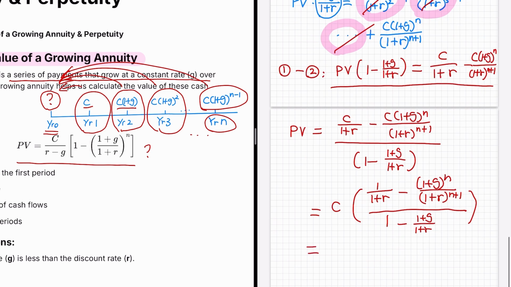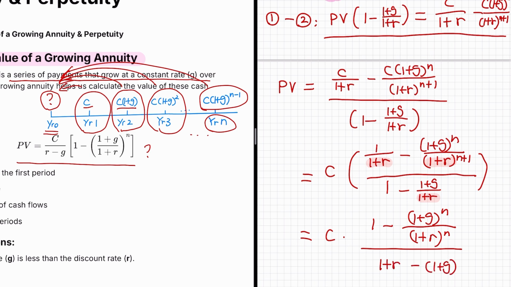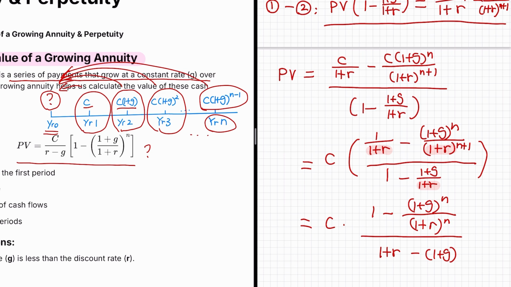And as we can see, there is a common term, 1 plus R here, 1 plus R here, 1 plus R here. If we multiply 1 plus R on the denominator and the numerator, we can get C multiplied by 1 minus (1+g)^n/(1+r)^n, divided by (1+r) minus (1+g), as we multiply 1 plus R on both sides.